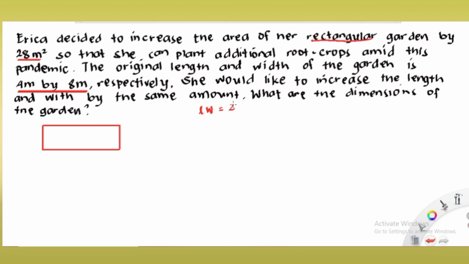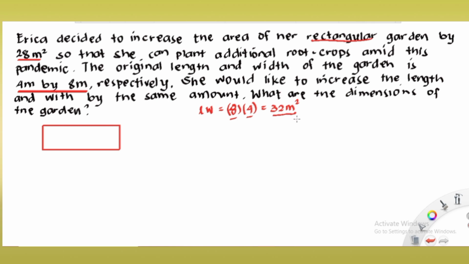So, that will be 8 times 4, which is equal to 32. And the unit is meter, since this is area, meters squared. So, ibig sabihin, originally, yung garden ni Erica ay 32 meters squared ang area niya sa given na length and width na 8 meters and 4 meters.